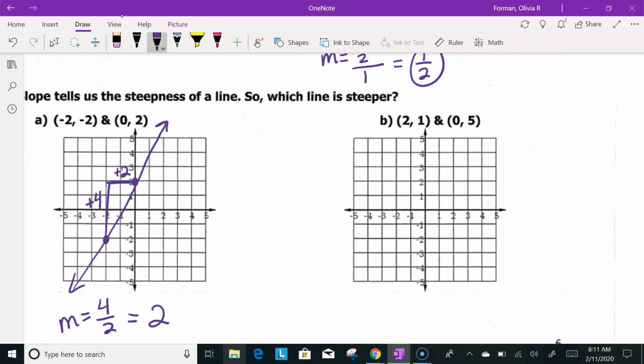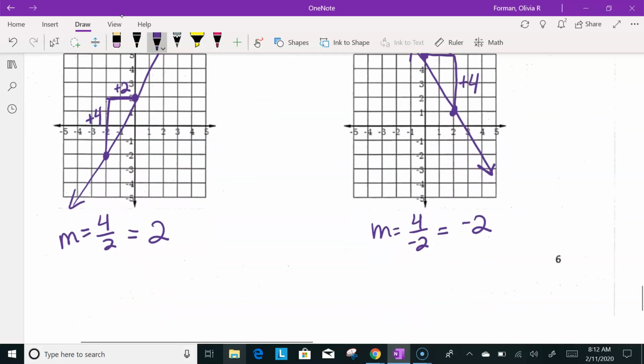If I go over here, (2, 1) and (0, 5), it's slightly different. It's going downwards, so it's a negative slope this time. If we're trying to figure out the slope, go from one point to the other. So if I start here, I go up 1, 2, 3, 4, and I go left 1, 2. And so my slope is 4 divided by -2, which is just a -2.